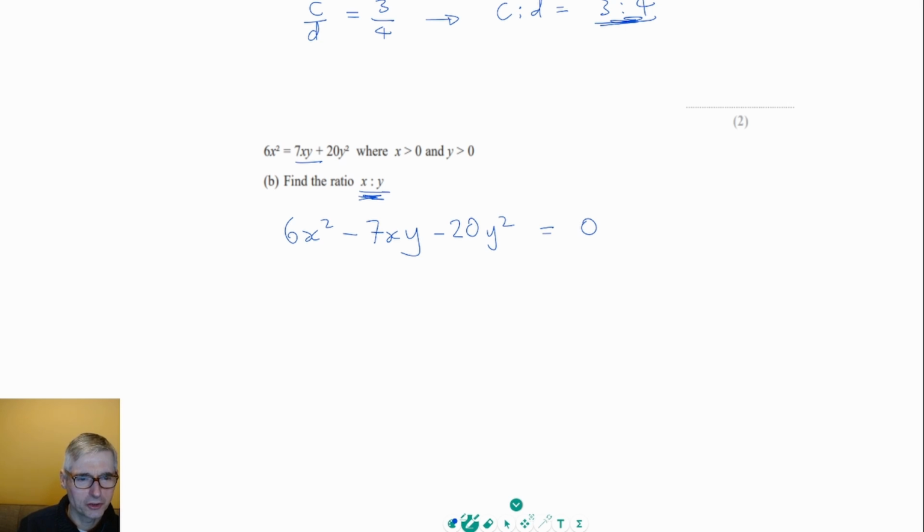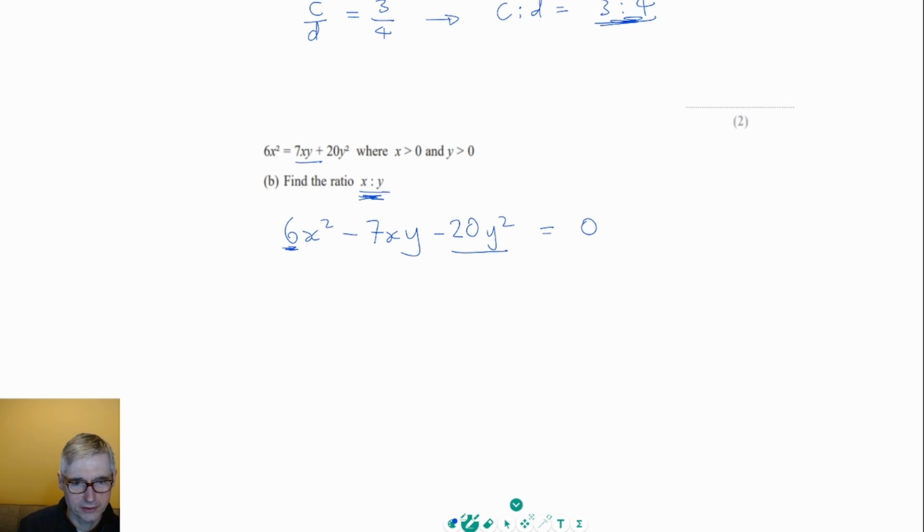So the next thing that I'm going to do is try and use that method where I'm going to split the middle term so that I can eventually get it into two brackets. So to split the middle term, what I'm looking for is two numbers which will multiply to make the product of the first and last.